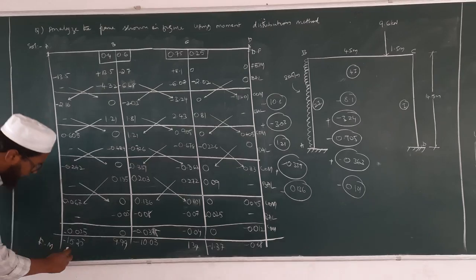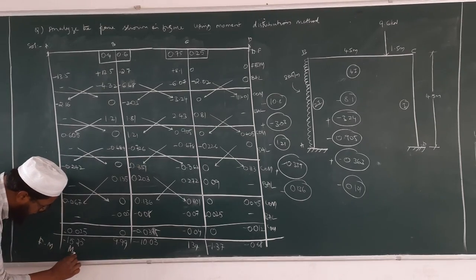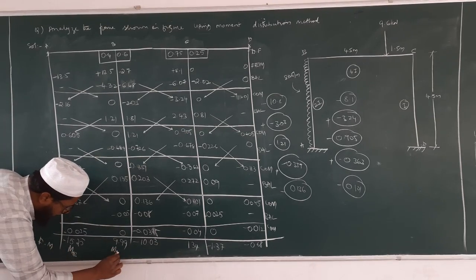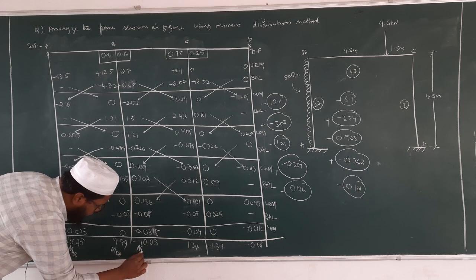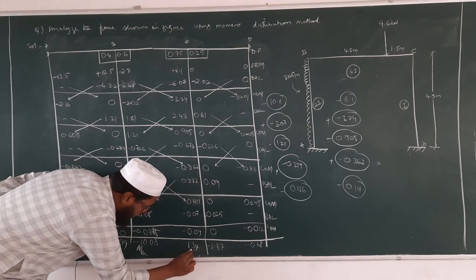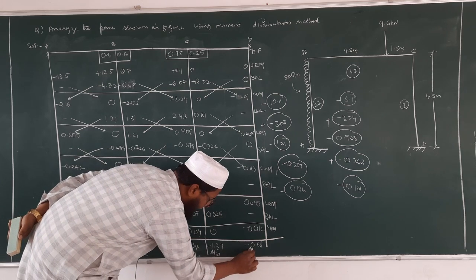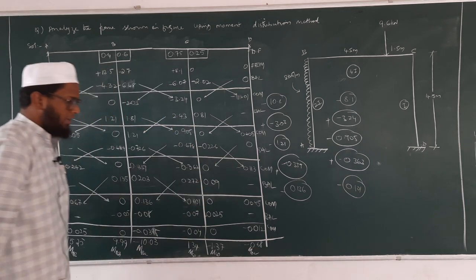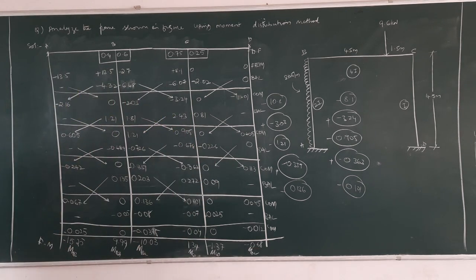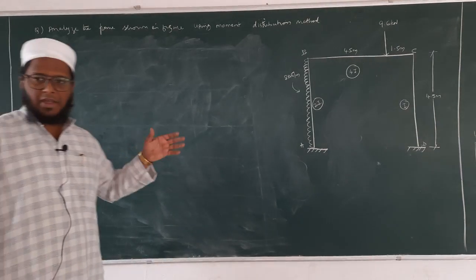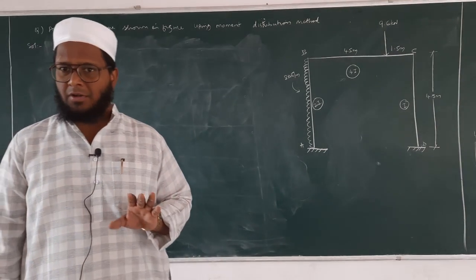So these are the final values, that is capital MAB, MBA, MBC, MCB, MCD and finally MDC. Okay, copy down these values. Calculated final moments, that is MAB, MBA, all those values.